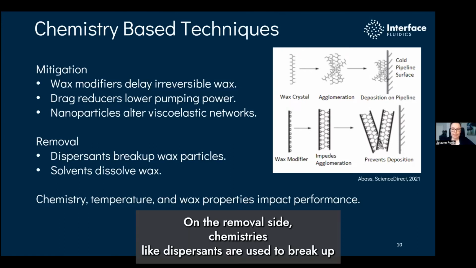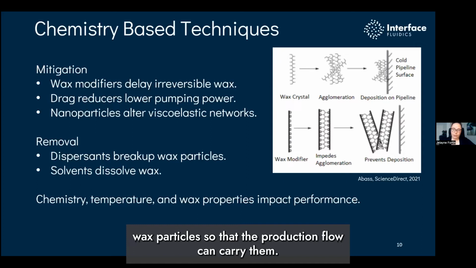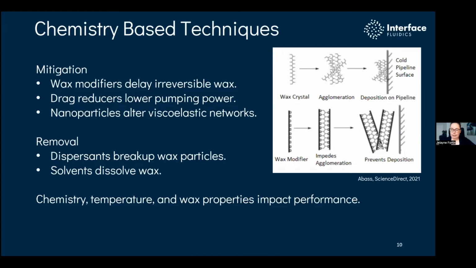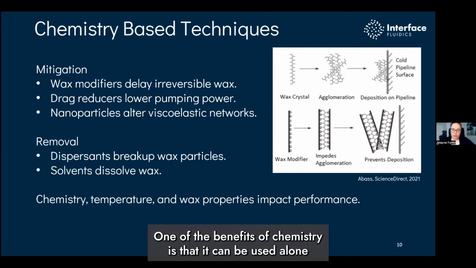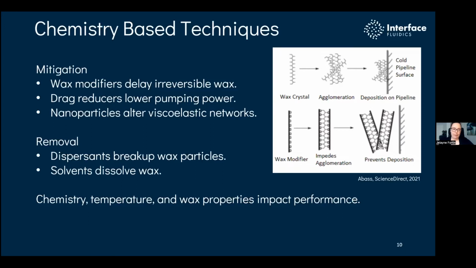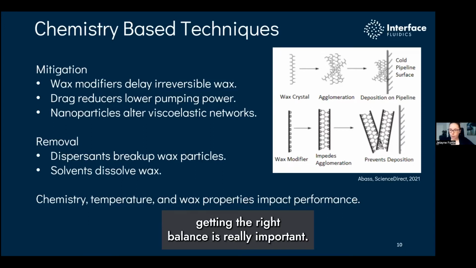On the removal side, chemistries like dispersants are used to break up wax particles so that the production flow can carry them. And often chemistries like solvents are used as well for wax removal. One of the benefits of chemistry is that they can be used alone or in combination. And depending on the application at hand, getting the right balance is really important.